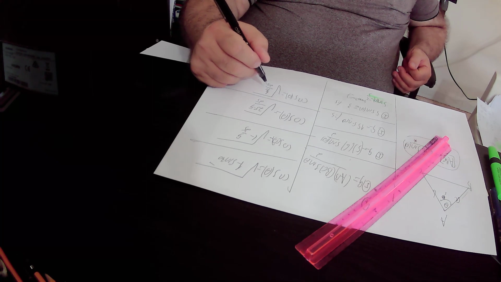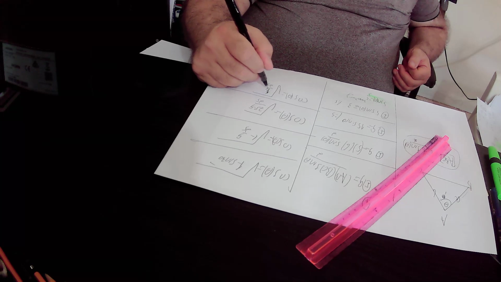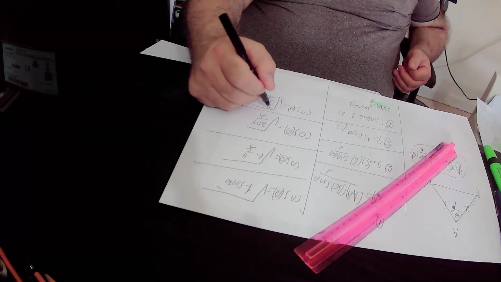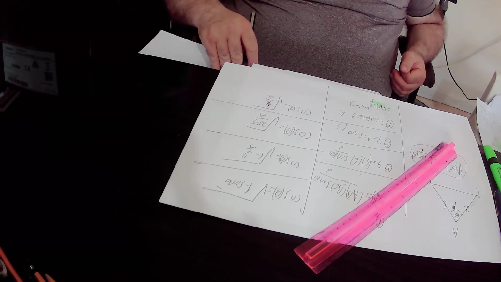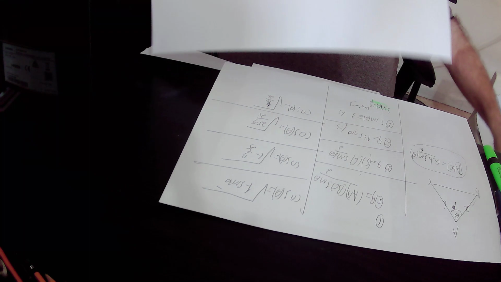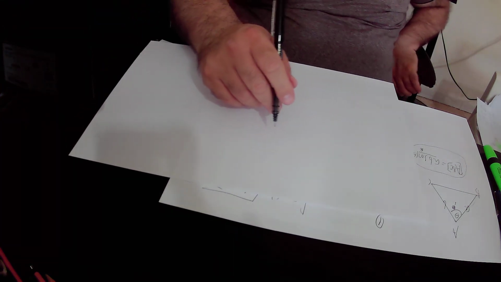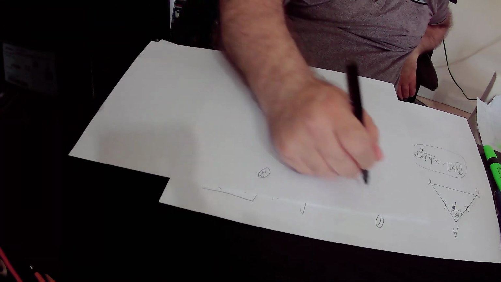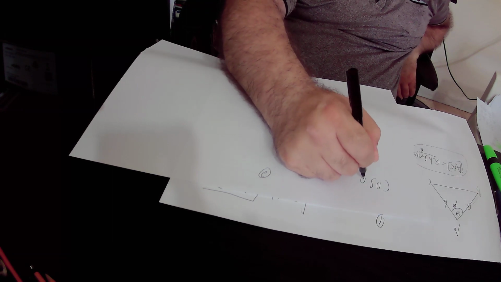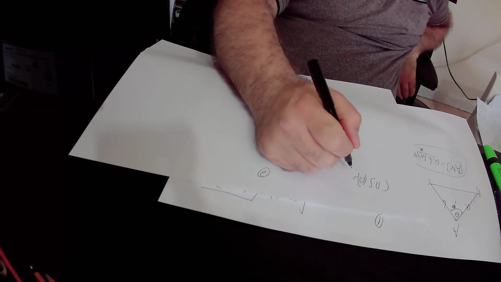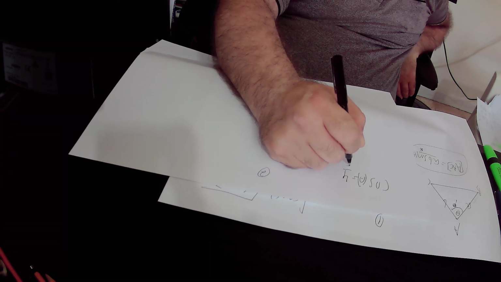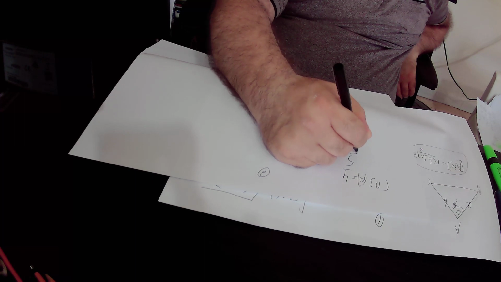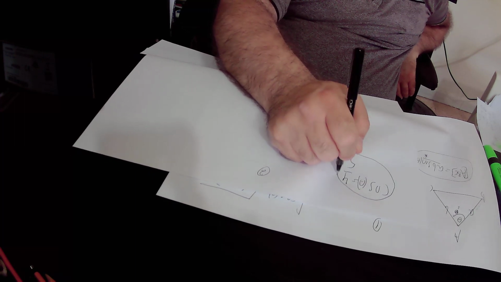So we found out that cosine theta equals the square root of 16/25. The square root of 16 is 4, and the square root of 25 is 5. So in conclusion, cosine theta equals 4/5.